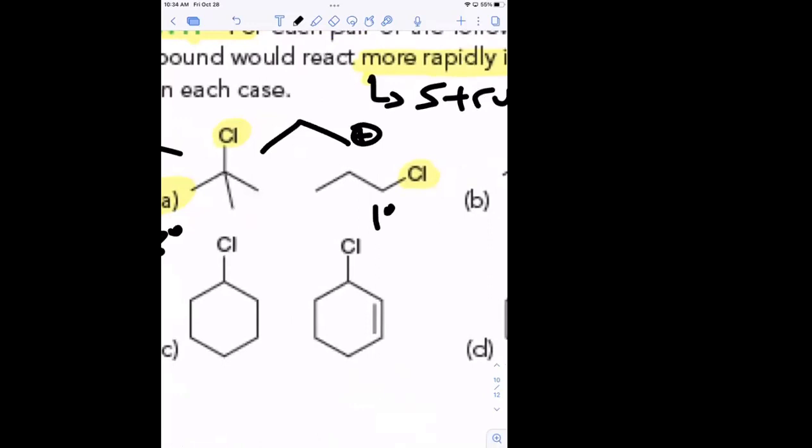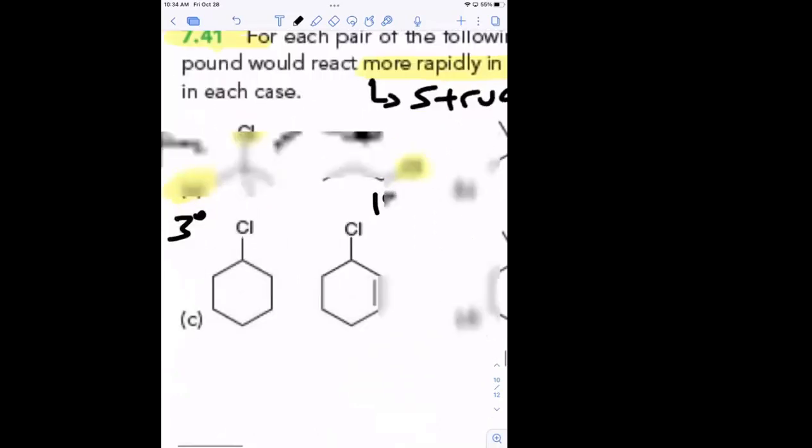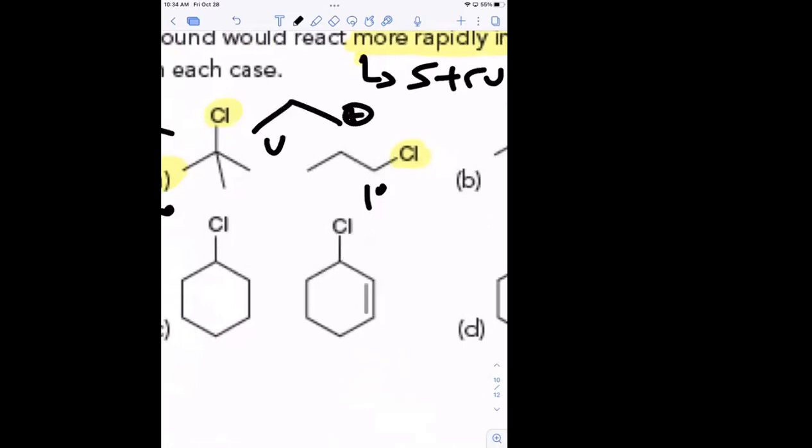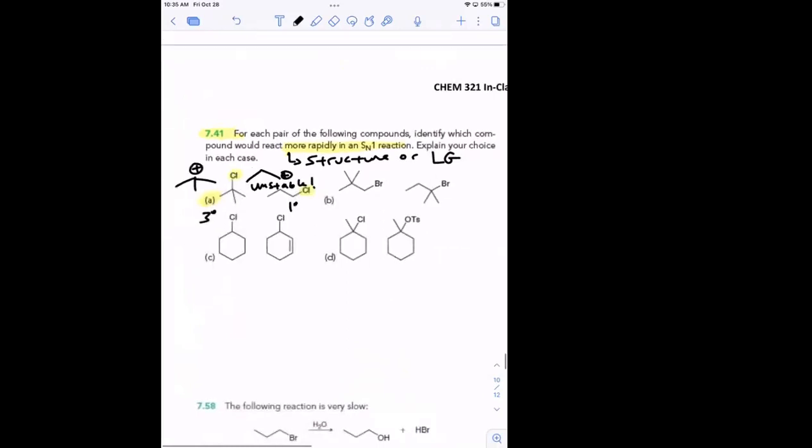Tertiary is the most stable. Methyl is the least stable, and before methyl is primary. So it's tertiary, secondary, primary, and then methyl. So if that's more unstable, then which one is going to be faster? It's going to be the tertiary, because that's going to give you the best intermediate, the more stable intermediate.